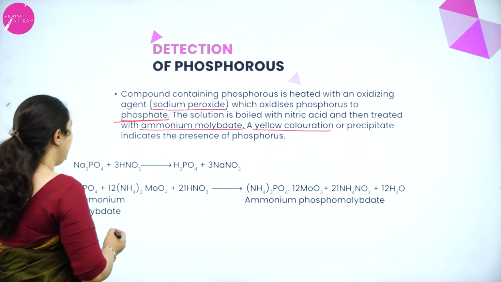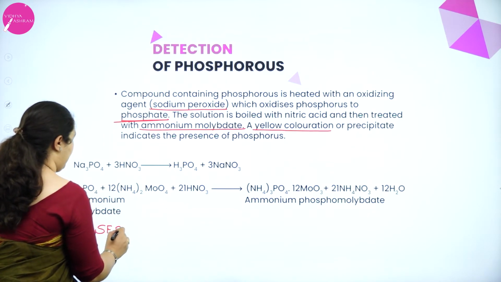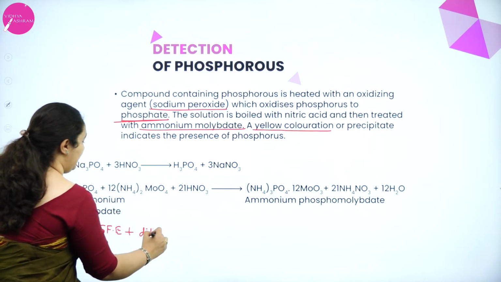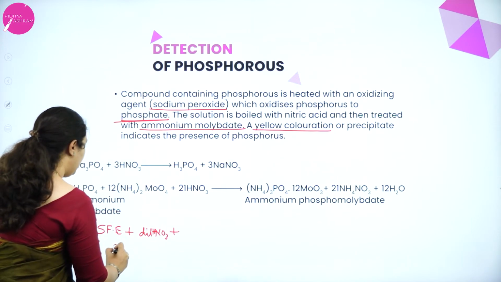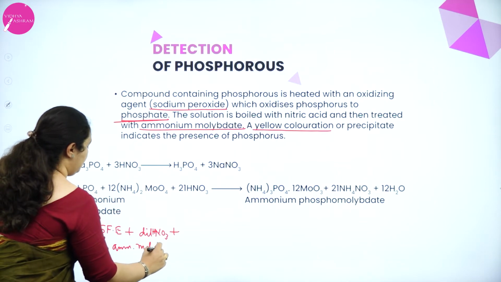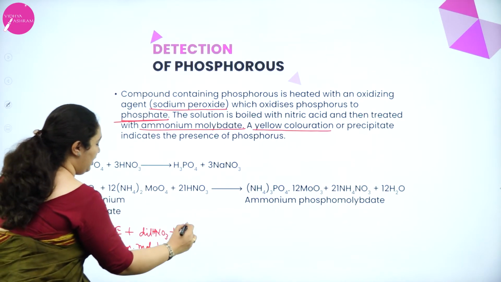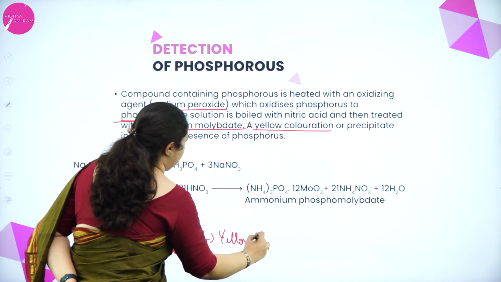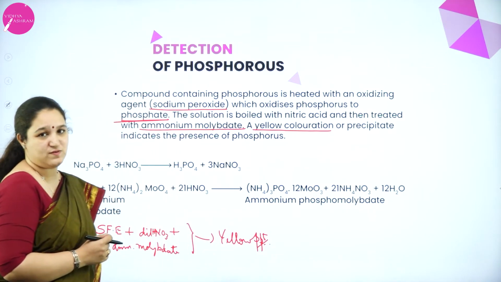So what you're doing, you're taking your sodium fusion extract, treating it with nitric acid, HNO3, plus ammonium molybdate. Okay, if you get yellow precipitate, it indicates phosphorus.